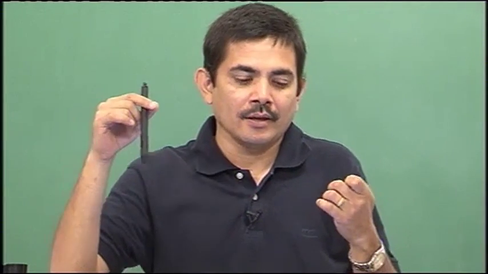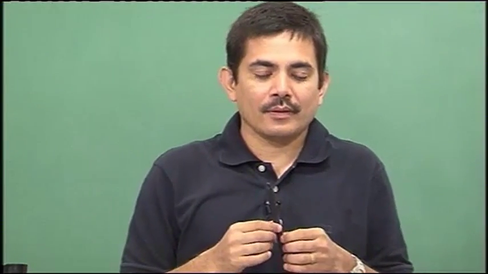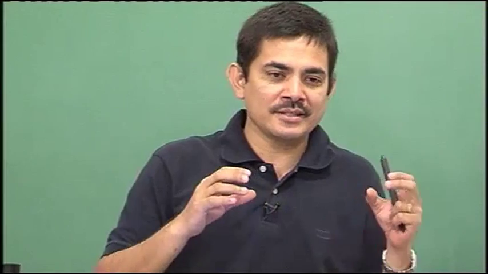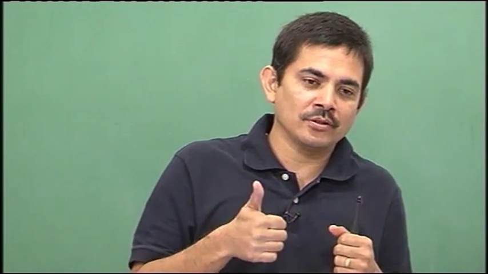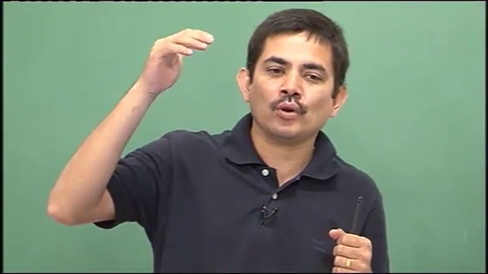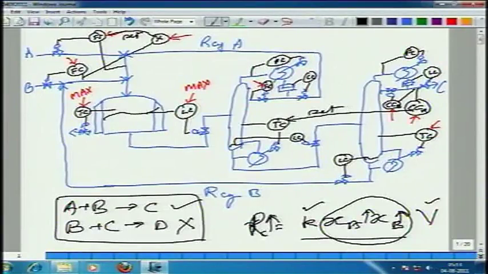Now, earlier there was some constraint saying that look, your temperature of the reactor cannot exceed, let us say, 200 degrees Celsius because the liquid starts to become vapor, you are approaching the boiling point. So, you can't go beyond 200 degrees Celsius, or maybe because the catalyst starts to deactivate, coke starts to deposit on the catalyst, you really do not want to go. This is a physical constraint.